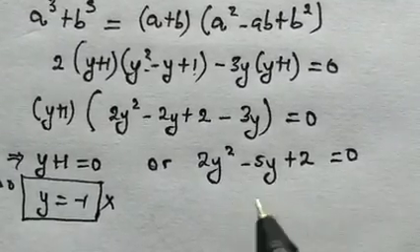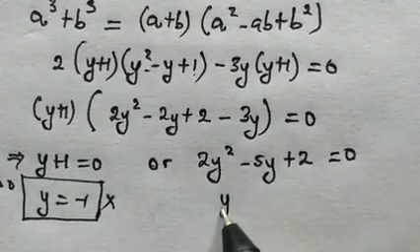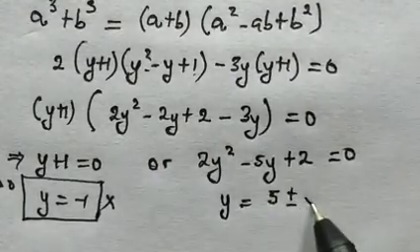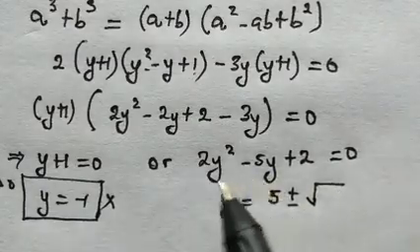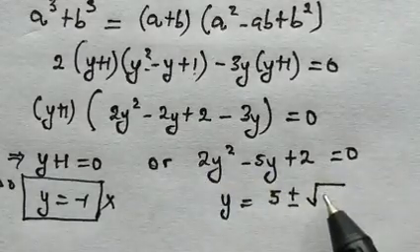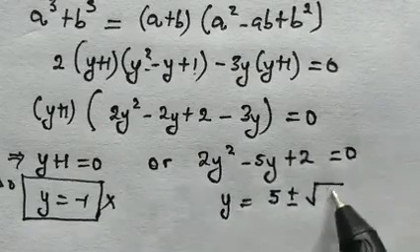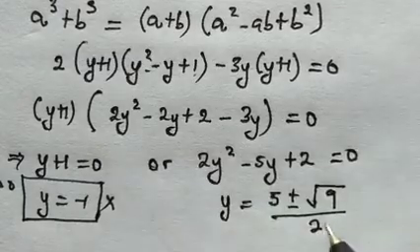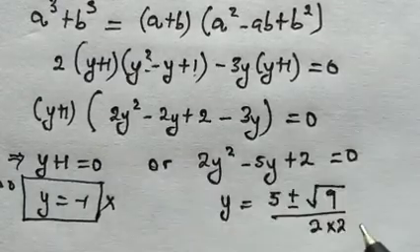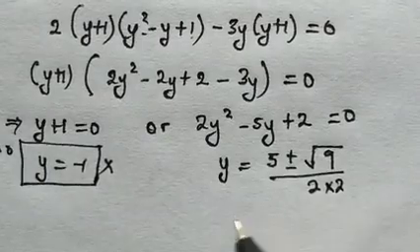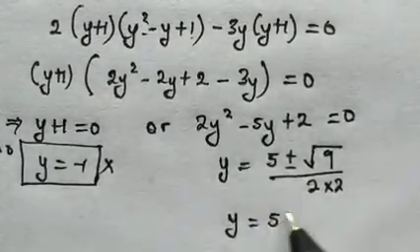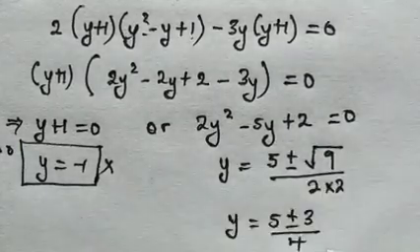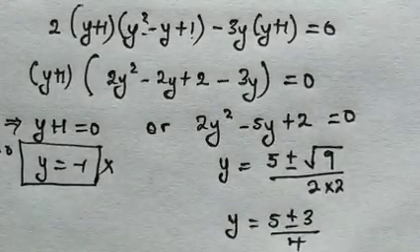From here, we use the general quadratic formula. We get y is equal to negative b will be 5 plus or minus the square root of b squared is 25 minus 4ac. 25 minus 16, that will give us 9. Then divided by 2 times 2, right? That's 2a. So from here we get y is equal to 5 plus or minus square root of 9 is 3 divided by 4.